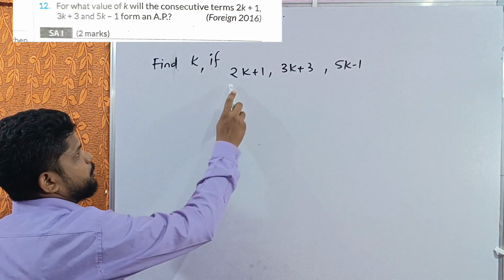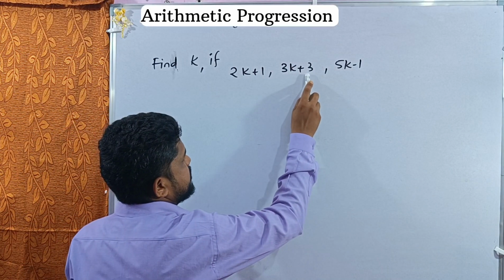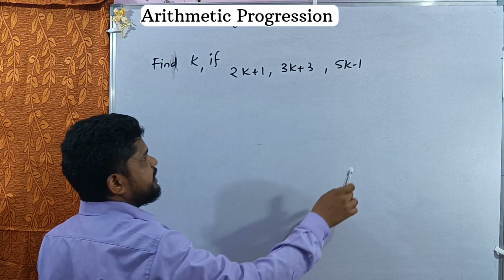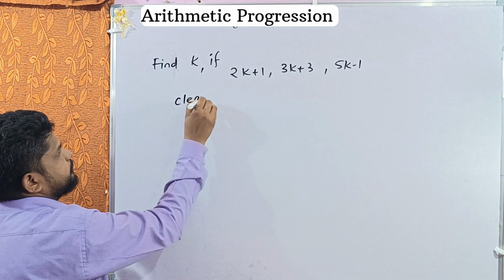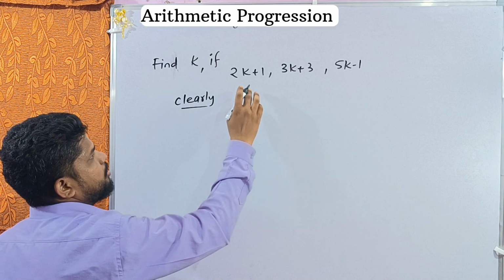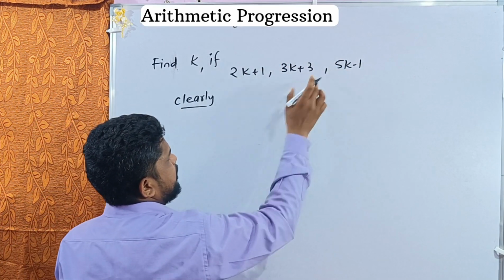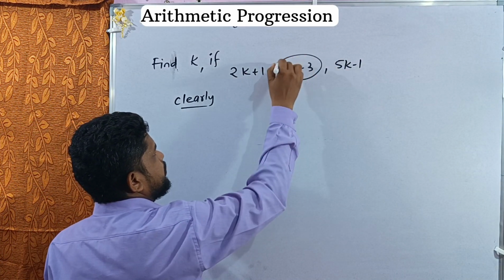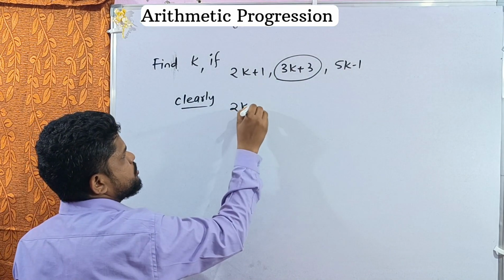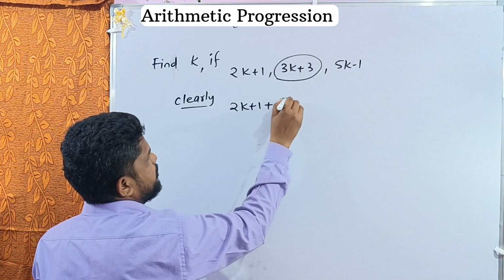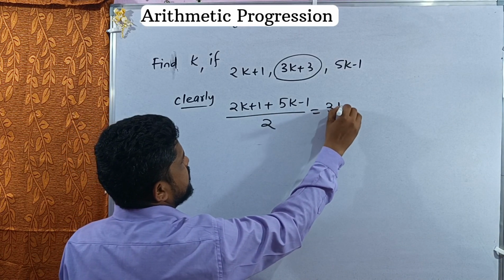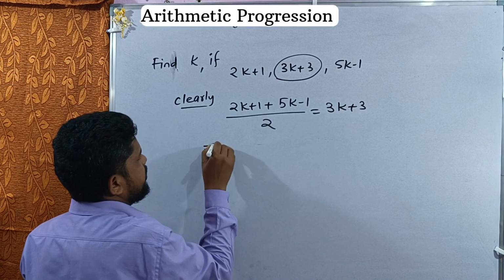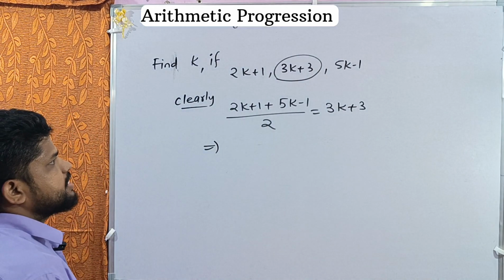So if they are in an AP, clearly the sum of the first term and the third term divided by 2 should be equal to the middle term. So 2k plus 1 plus 5k minus 1 divided by 2 should be equal to 3k plus 3.